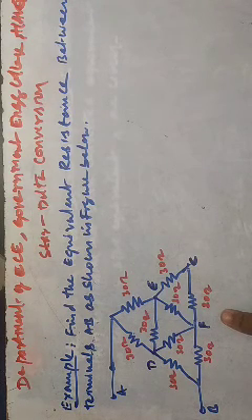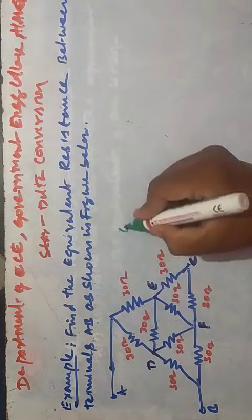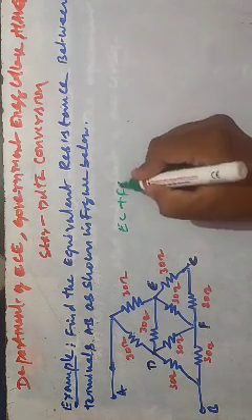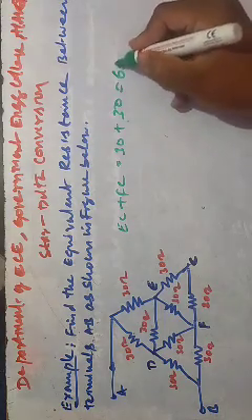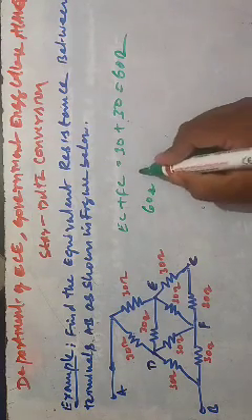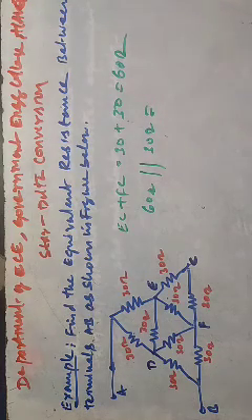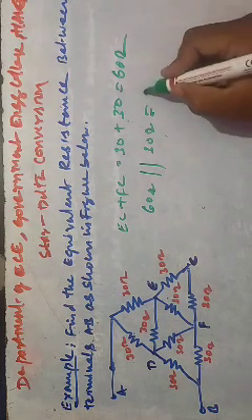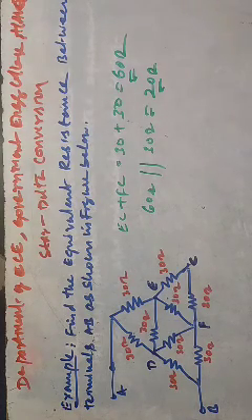After that, the result is parallel with the EF. So EC plus FC, that is 30 plus 30, is equal to 60 ohm. This 60 ohm is parallel with 30 ohm, resulting in 20 ohm.